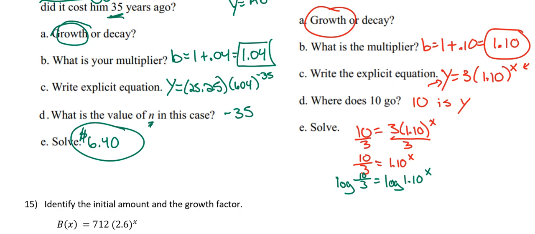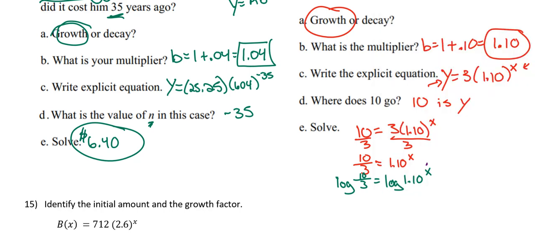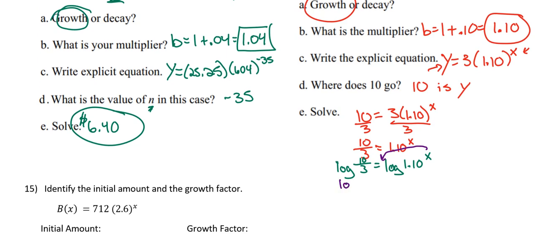As long as we do the log on both sides, we can always stick that in. Now, I'm going to use my log rule. My log rule, hopefully you guys remember, says that the exponent I can put in front here. So I'm going to rewrite this as log 10 thirds equals x times the log of 1.10.